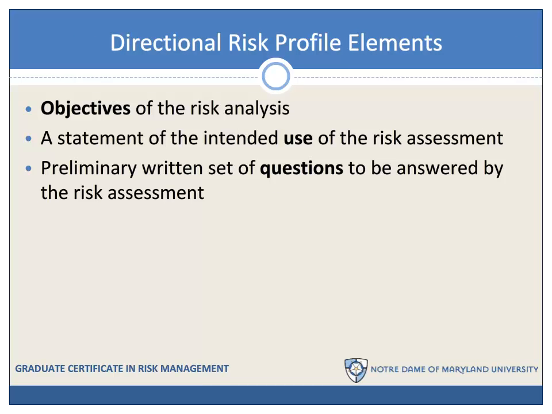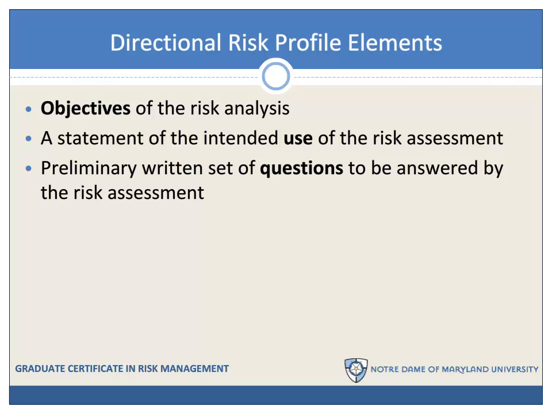Helping to set a direction for your risk analysis activity is another important function of this risk profile. So the directional risk profile elements accomplish this. This is where your objectives and constraints come into play. Identify the objectives and the constraints in your risk analysis activity. Including a statement of the intended use of the risk assessment is important, especially at a government level.